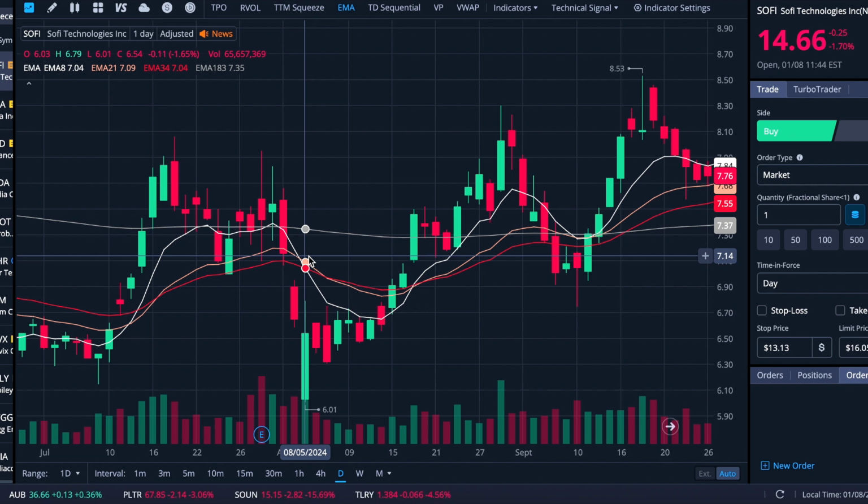Also, you don't have to have 4 EMAs. I oftentimes think I could get rid of the 21. I'm so accustomed to looking at it. I probably won't, because I do utilize it sometimes as sort of a leading indicator. But if it felt cluttered to me or confusing, I would probably pop the 21 out of there. And I would just go with 8/34 and 183.